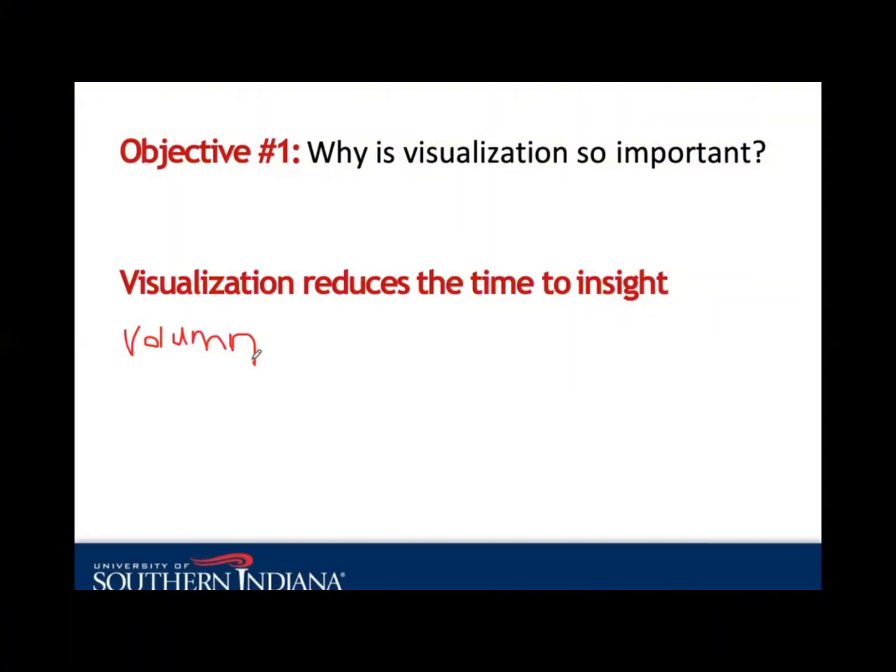The volume represents how much data you have. For instance, zettabytes of data will be created by 2021. That represents the amount of data. Our second V is the velocity.